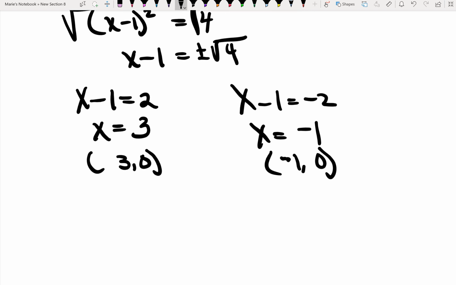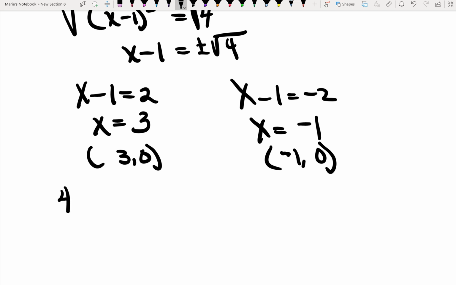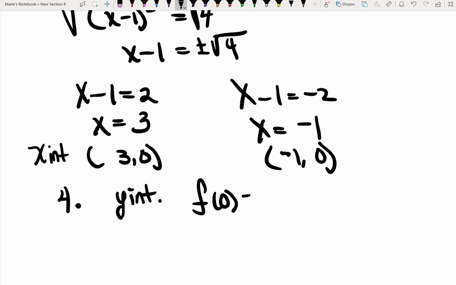Step number 4. In step number 4, I'm going to look for the y-intercept. So these again are our x-intercepts. The y-intercept, in this case, is going to be where I set all x values to 0. And so in this case, f of 0 is equal to 0 plus 3 squared. I'm sorry, I'm doing the wrong question.